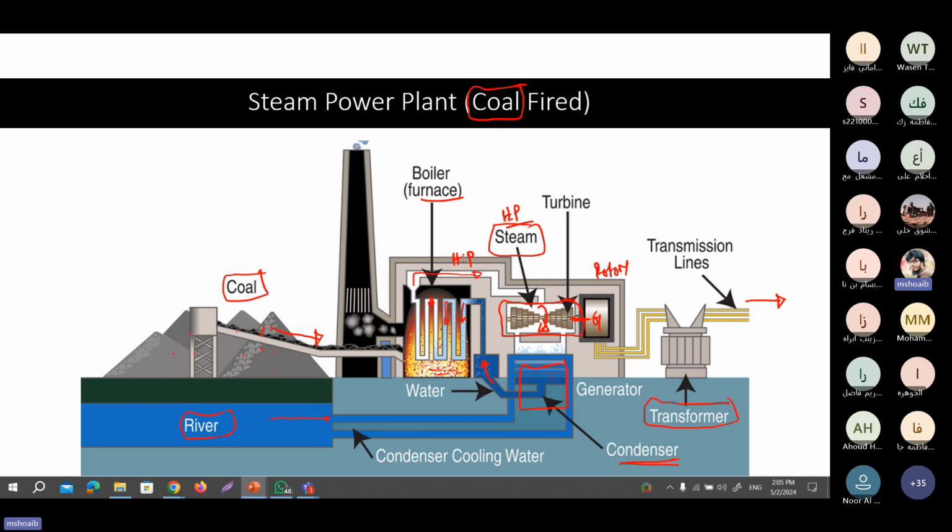This cooled water is then sent back to the boiler for reuse. To keep the water level balanced, we can use this river as a reservoir. But you can see that the heat or the fuel gas created from the boiler comes out through this chimney.